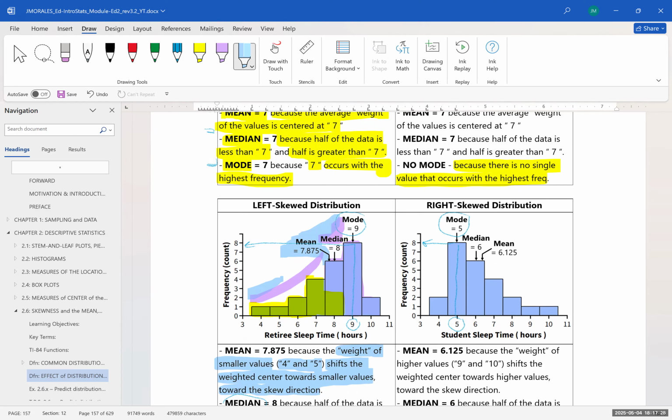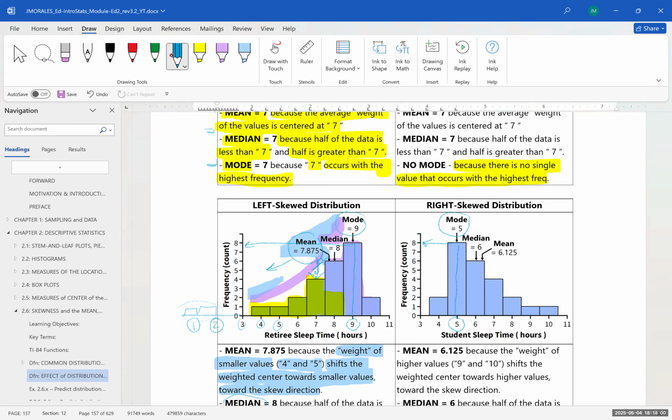And you can imagine that instead of having just a value of 5, 4, 3, imagine if we had a value of 2 or 1 out here. And let's say we had a frequency of 1 at these extreme values. Then this mean would get pulled out even more. Because these low values, these low weights, would end up pulling the mean in that direction, like that.